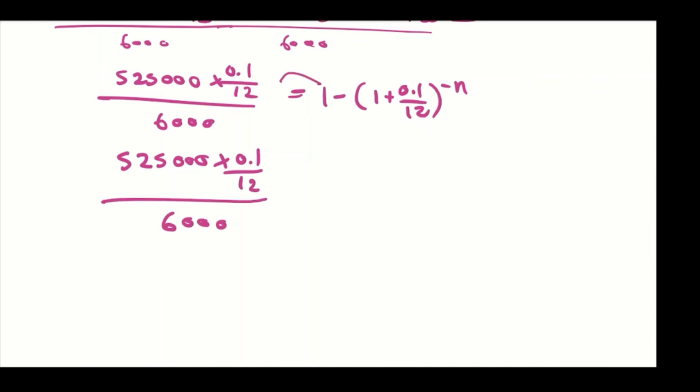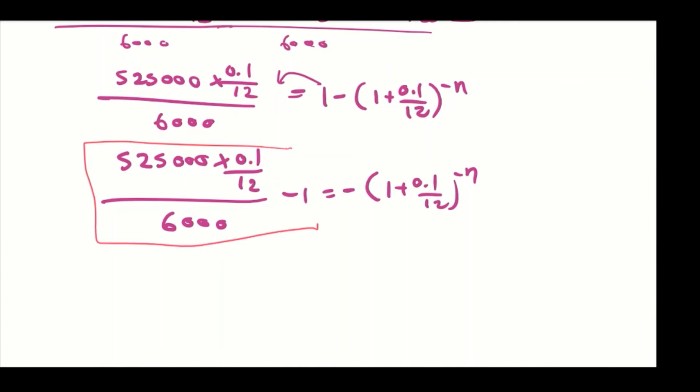So we're going to transpose the one to the other side. We have minus 1 equals minus 1 plus 0.1 over 12 to the power of minus n, and then now you can start punching this whole expression into your calculator. Just punch it in the calculator and tell me what you're finding.